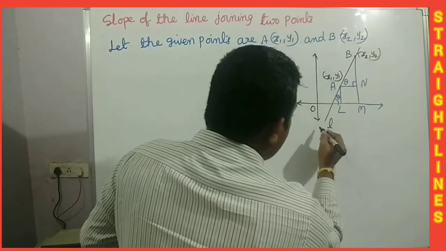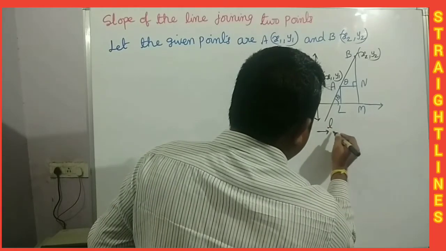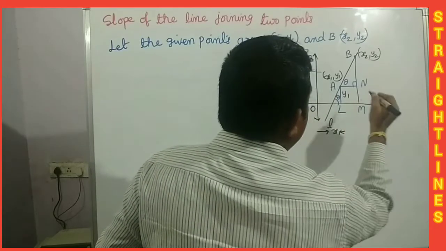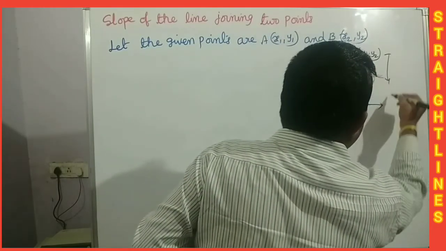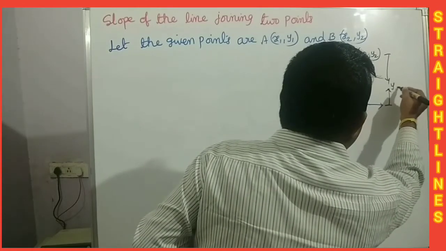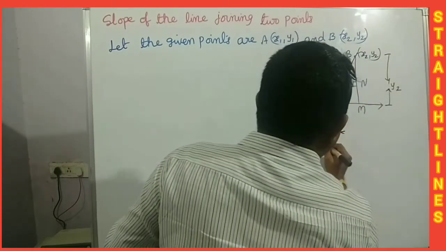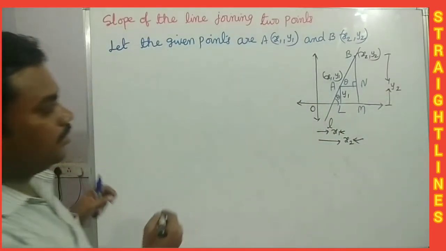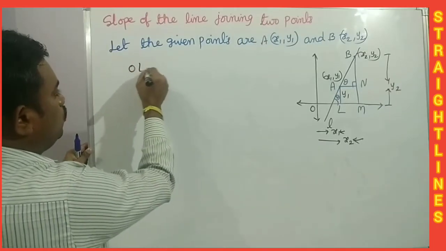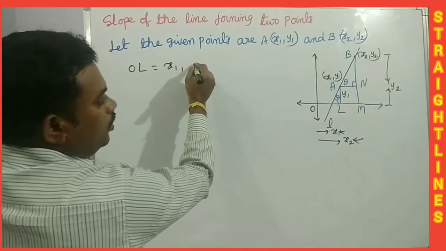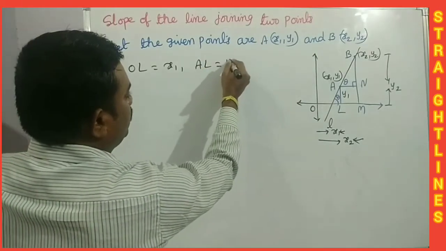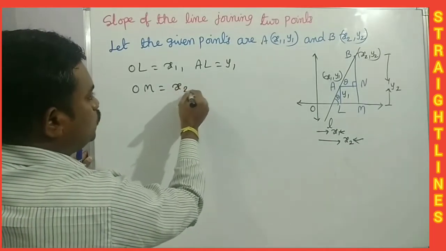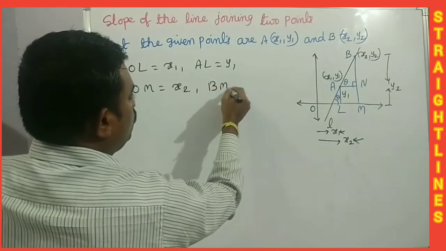Now here OL length is OL equal to x1, AL length is y1, BM length is y2. Next, OM length is x2.